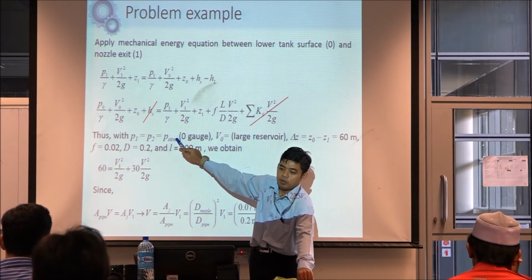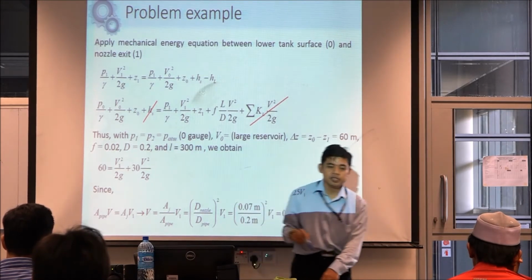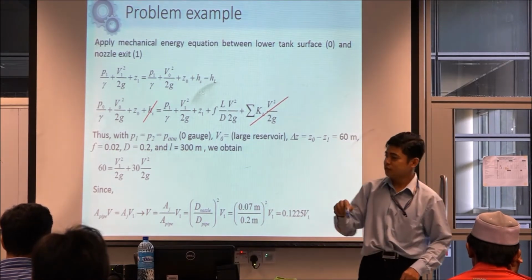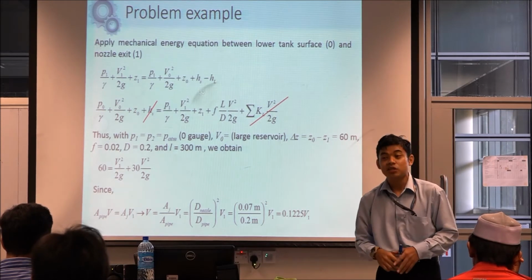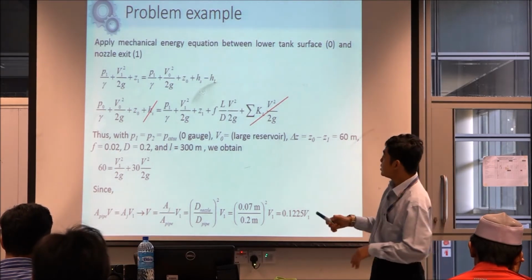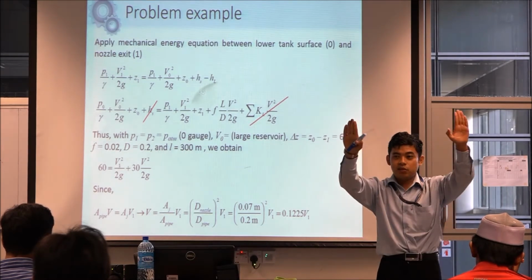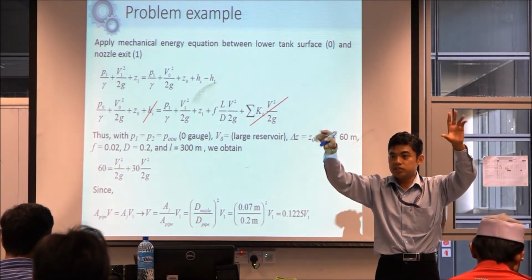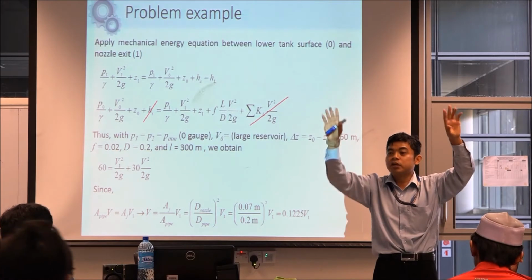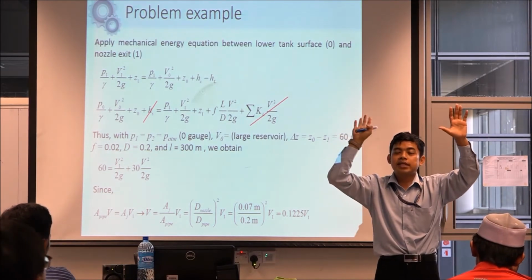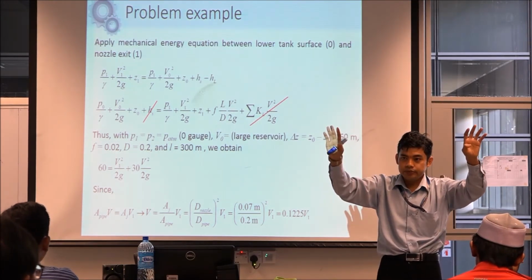Most of your friends ask me, so why do you cancel P1? You say it is 0. No, I never say it's 0. P1 is cancelled because P1 and P2 are the same, PATM, and they are located on both sides, so they cancel each other. Not because it is 0, but because it has the same value.